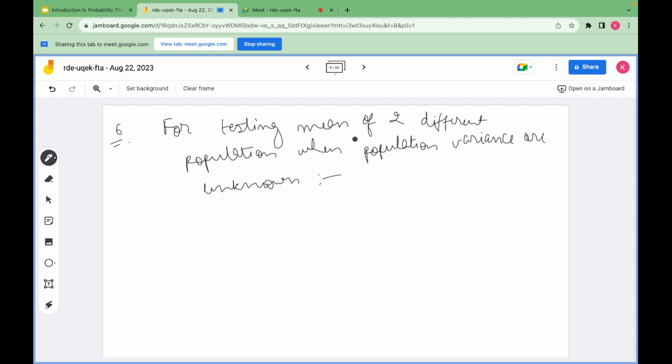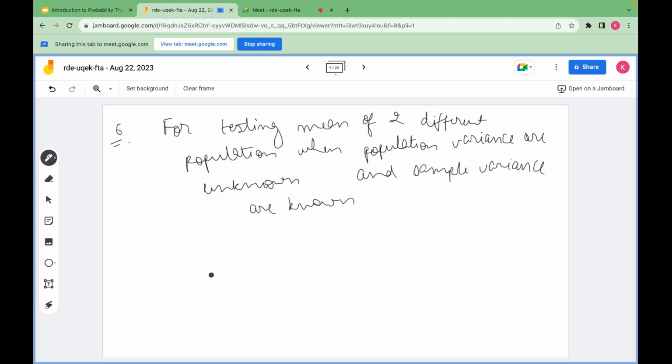So when we want to test mean of two different populations, when the population variances are unknown and sample variances are known, we use the following method.